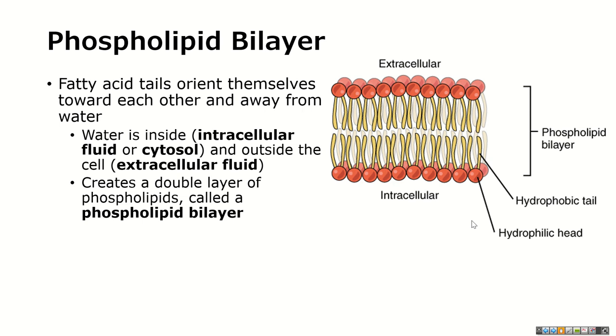The extracellular fluid and the intracellular fluid are both mostly water. And these phospholipid molecules are going to naturally orient themselves this way in order to keep the tails away from the water. And in class, I'll show you a diagram or a model of a phospholipid bilayer so that you can see how they just kind of naturally reorient themselves.